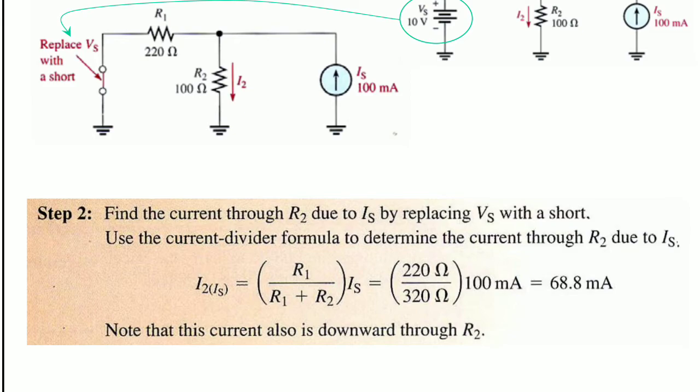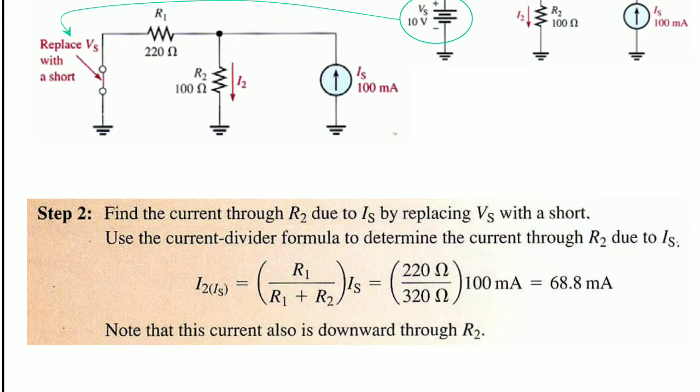So I2 of S is R1 by (R1 plus R2) into Is, that means 220 by 320 times 100 milliamps, which gives 68.8 milliamps. Note that this current is also downward through R2.